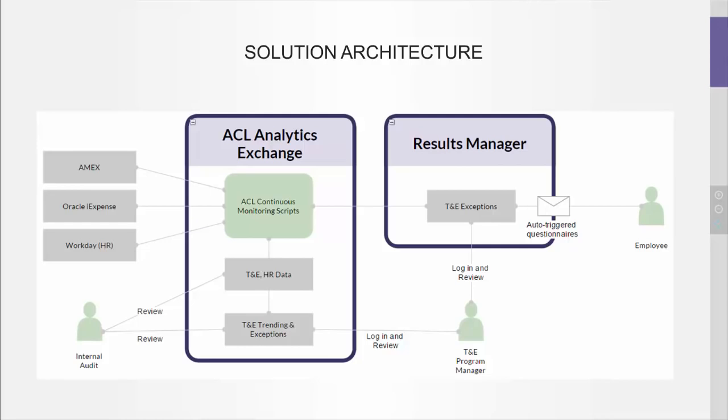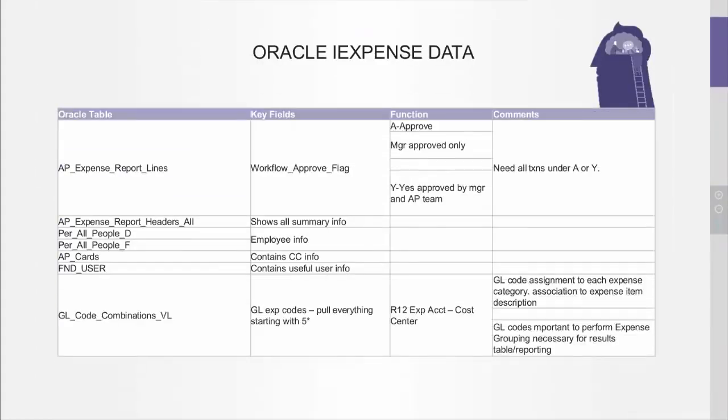But some of the exceptions are actually being routed to Results Manager now, which can be also triggered through questionnaires to employees. Is that right? Correct. Yes. We've just started looking at that one, yes. Awesome. And Shane's actually going to demonstrate how this process works in more detail later on, so I'm not going to spend too much more detail on this particular slide.